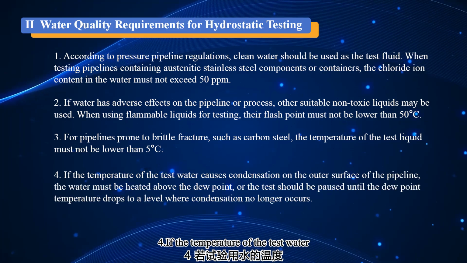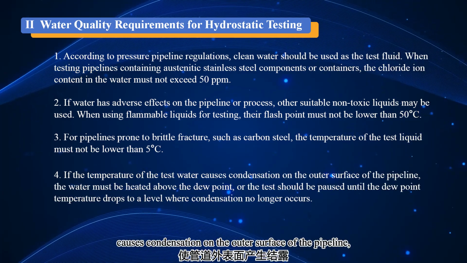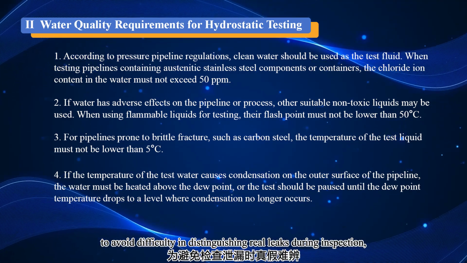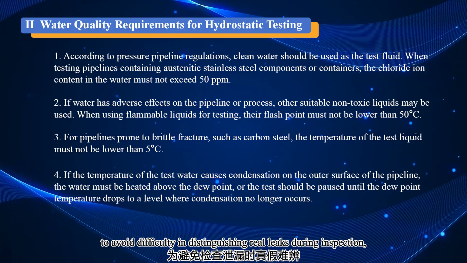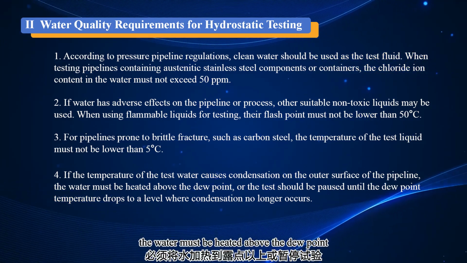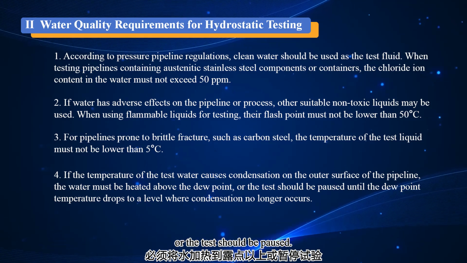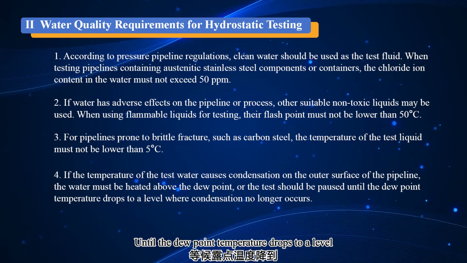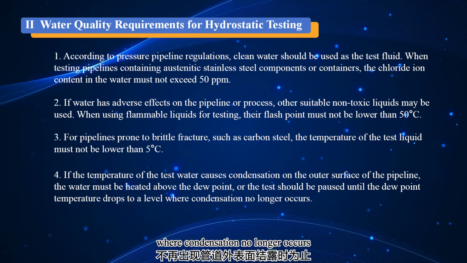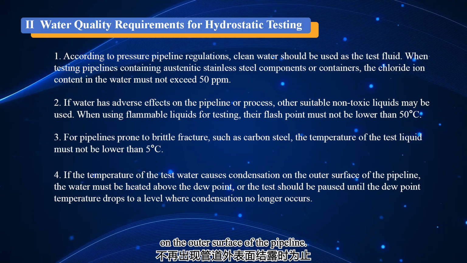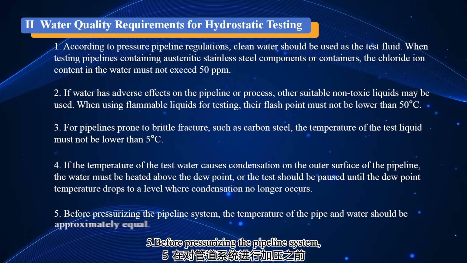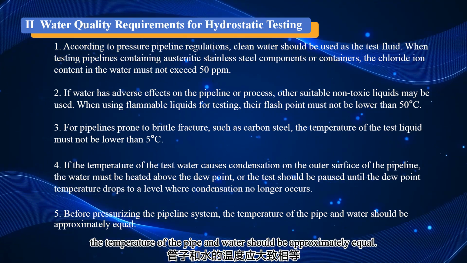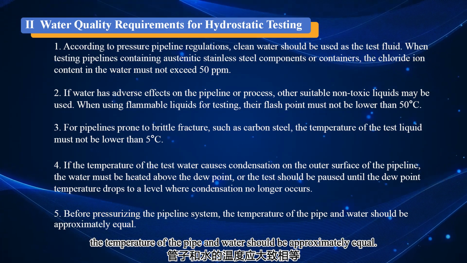Fourth, if the temperature of the test water causes condensation on the outer surface of the pipeline, to avoid difficulty in distinguishing real leaks during inspection, the water must be heated above the dew point or the test should be paused until the dew point temperature drops to a level where condensation no longer occurs on the outer surface of the pipeline. Fifth, before pressurizing the pipeline system, the temperature of the pipe and water should be approximately equal.